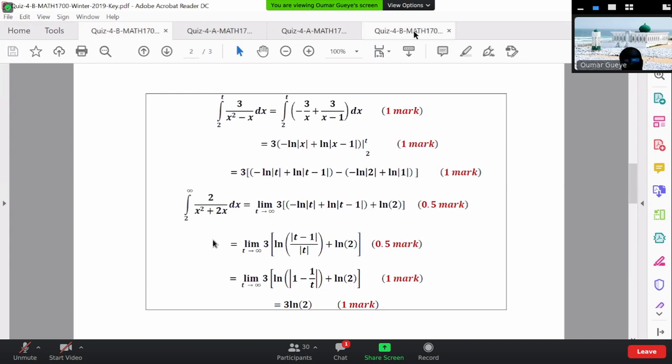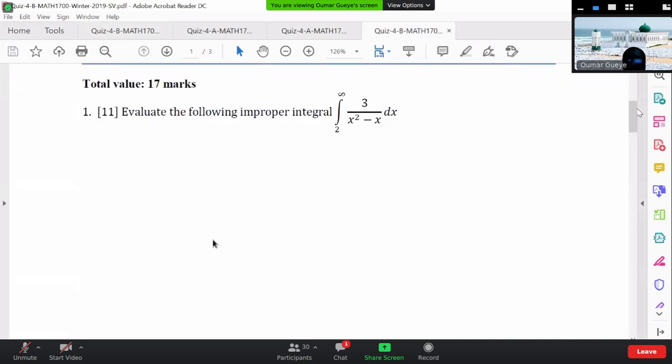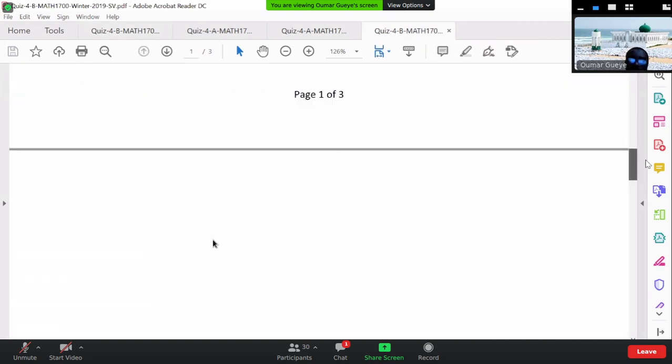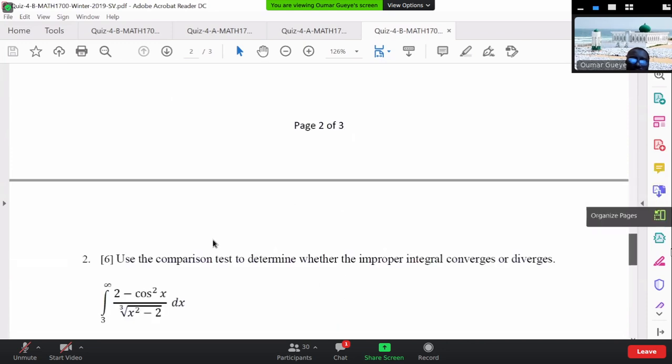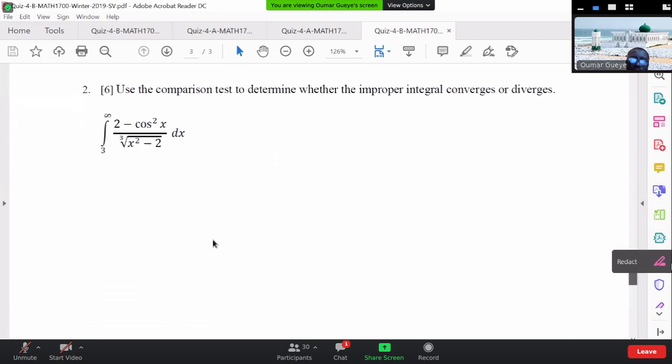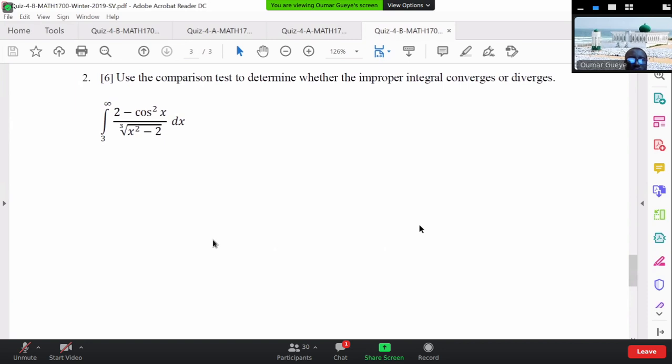All right, so let's now see the second question. For this question, we have to use the comparison test in order to find whether or not this integral is convergent or divergent.